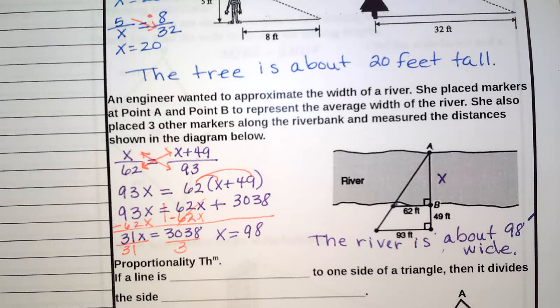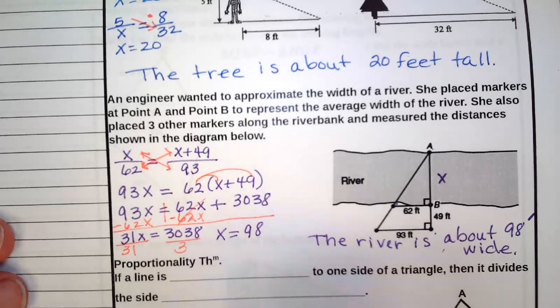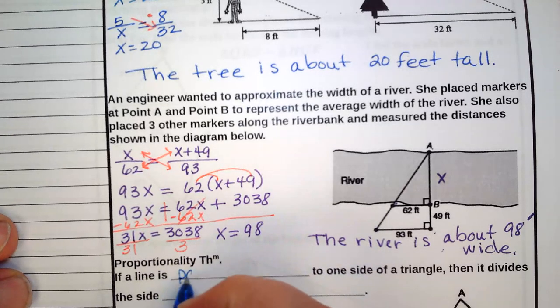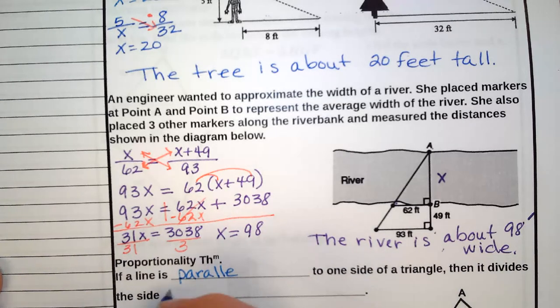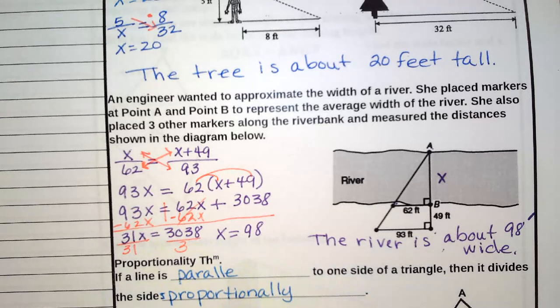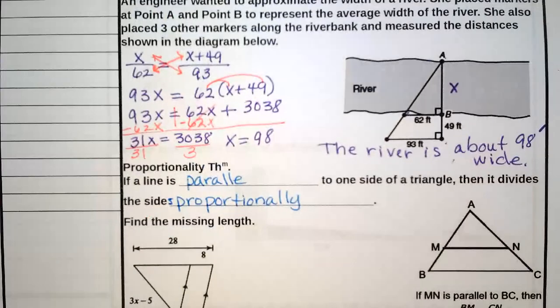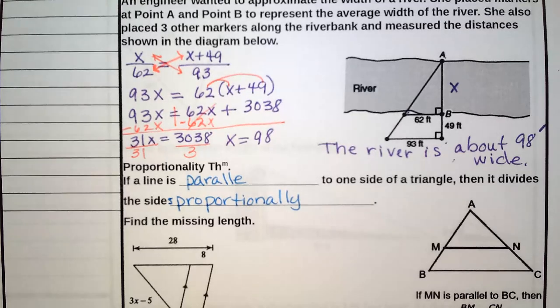So if a side is parallel to one side of the triangle, then it divides the sides proportionally. That should be sides there. Okay, so what does that mean?